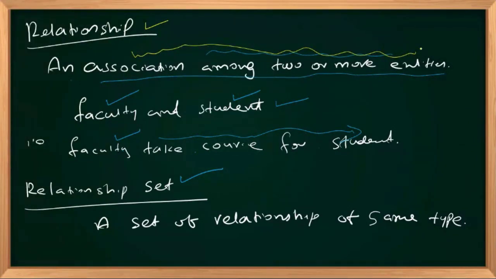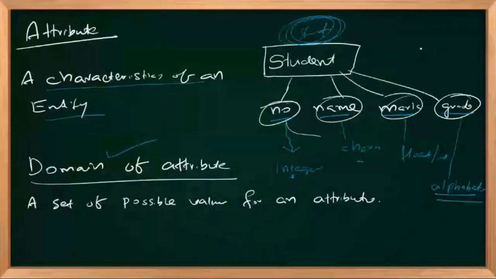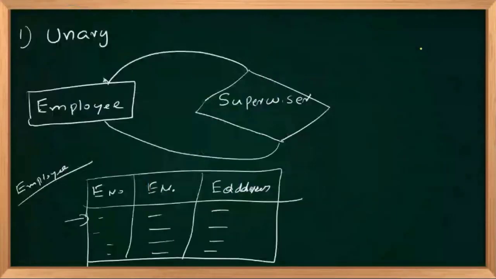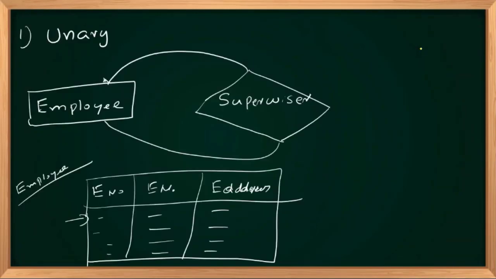Next we are going to the types of relationship. First one is the unary relationship. This is students, the entity.